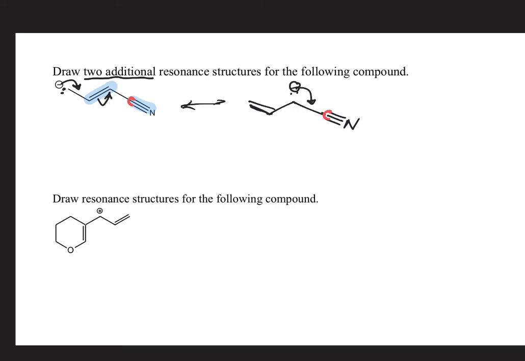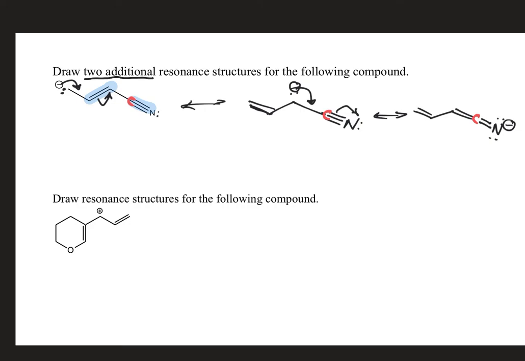That lone pair could move over to there. We now have a double bond there, and then that's going to this red carbon here because I moved a pi bond from the CN triple bond. It's now a double bond, and the nitrogen, which had one lone pair to begin with, now has two, making it negatively charged.